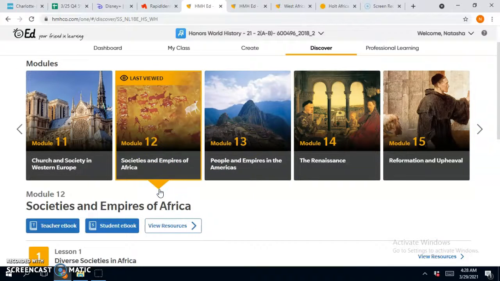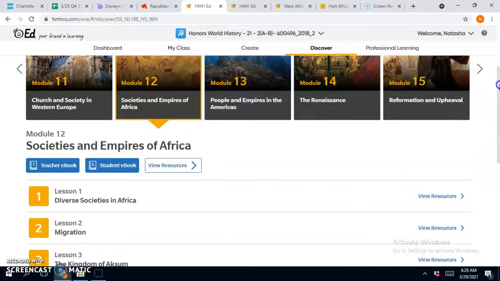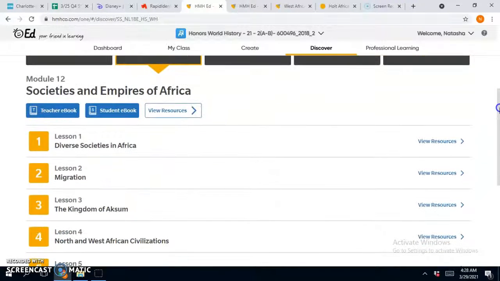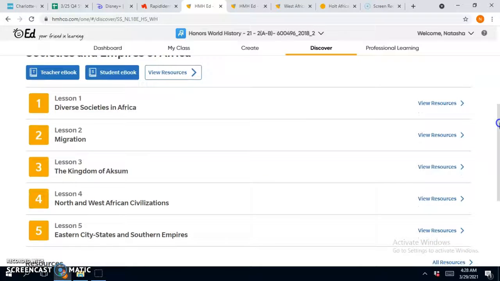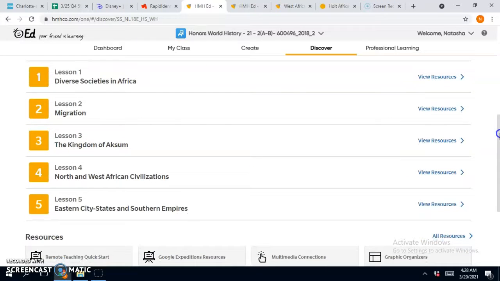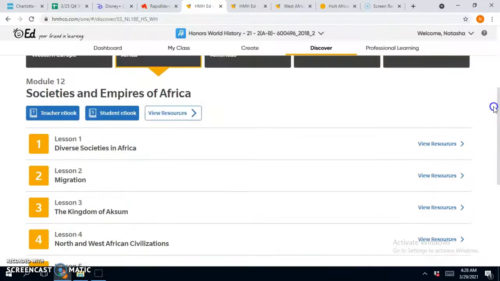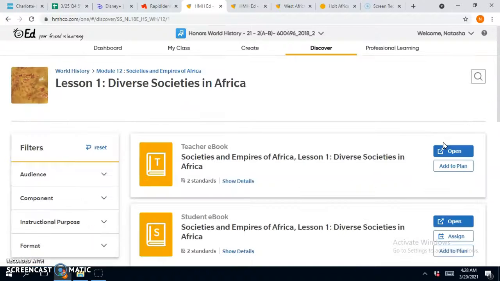So click on that, and then it gives you diverse societies in Africa, migration, the kingdom of Aksum, North and West African civilization, and Eastern city-states and Southern empires. That's how you get to reading about Africa in this module. And just open your ebook.